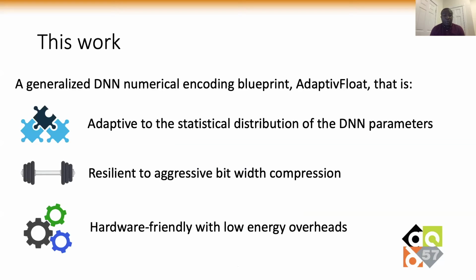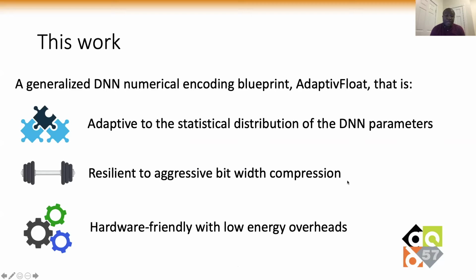So in this work, we address this shortcoming by proposing a floating point-based encoding blueprint for deep neural networks called adaptive float. Notably, the adaptive float algorithm is able to adapt to the statistical distribution of DNN parameters.